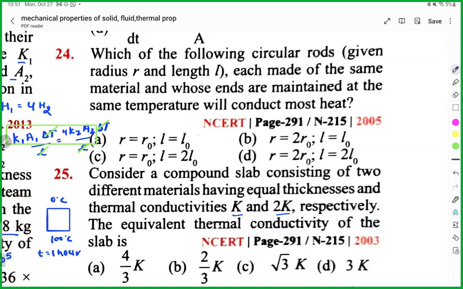What should be the answer? Just tell me. Who will tell? Sandana.